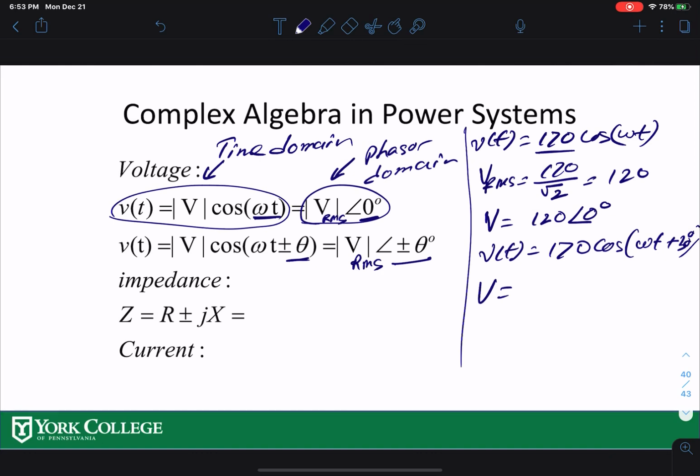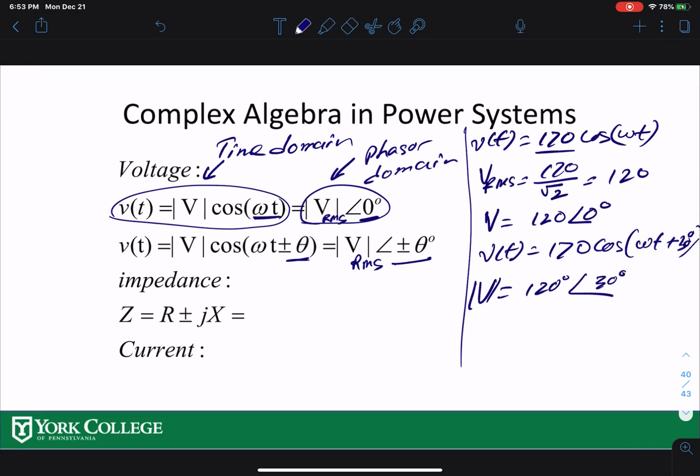Then in the phasor domain, sometimes you can use this bar here, or you can just leave it like that. Then you have 120, and now you have a reference angle, which is 30 degree. So that's how you go back and forth from time domain to phasor domain.